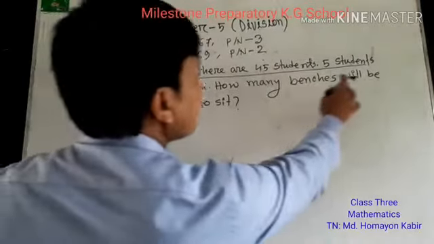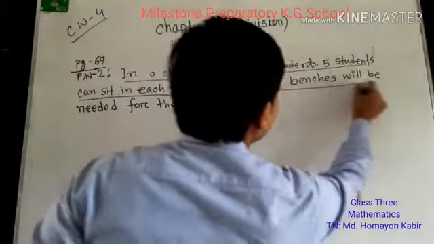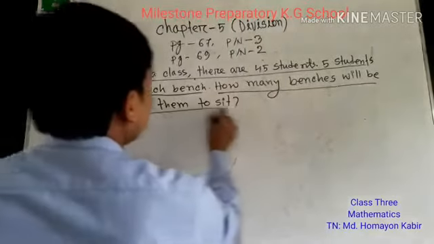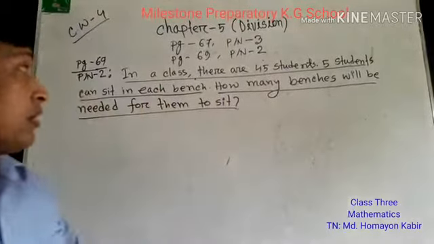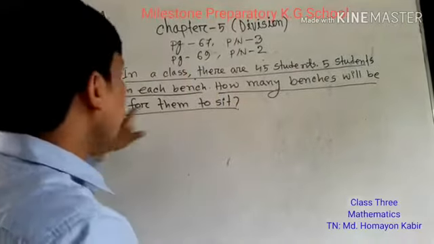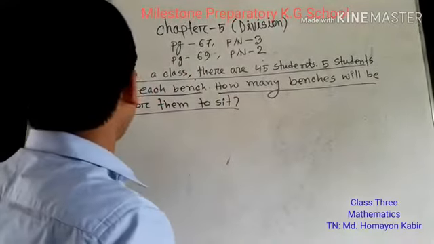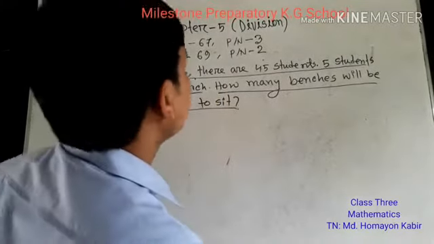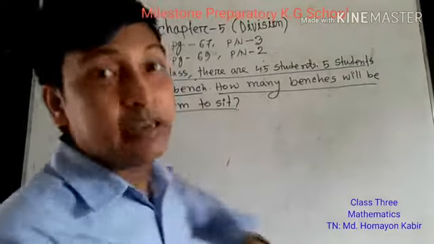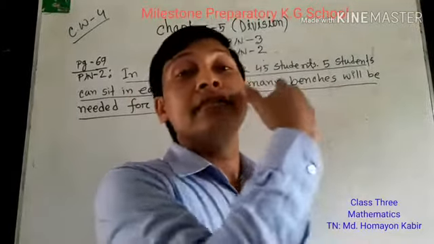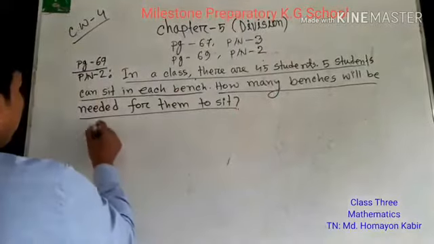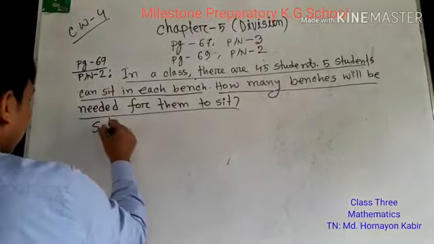So how many benches will be needed? This one is asking part. So students, we know that asking part we keep on the right side. Okay. So we have to do the solution.